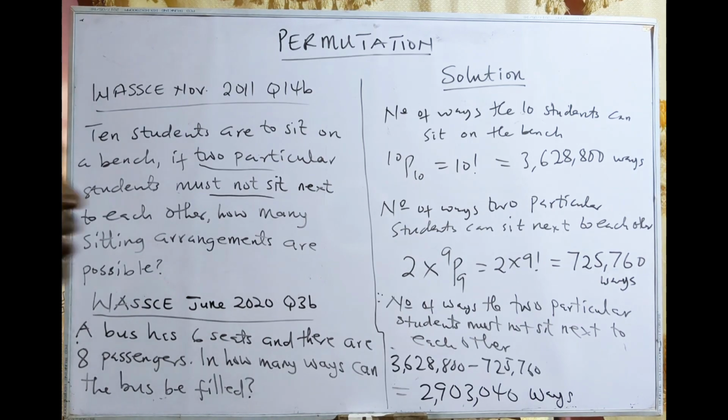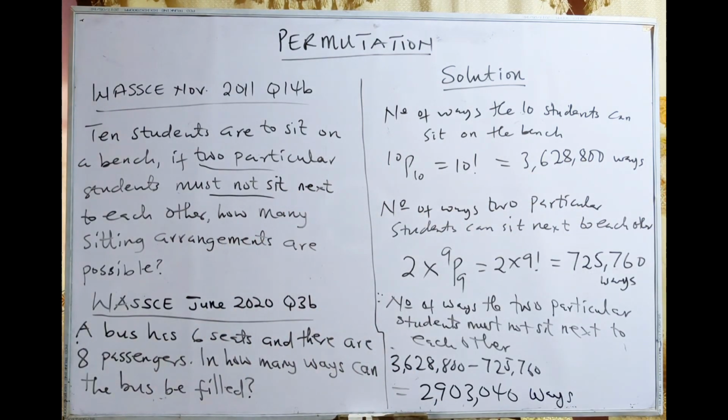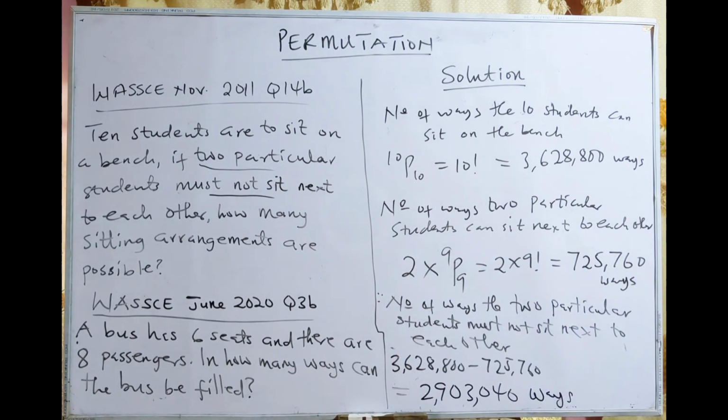Is that okay? All right. So these are the number of ways these 10 students can sit if two particular students must not sit next to each other. I believe you get it. Okay, so simple. Let's go to the next question.